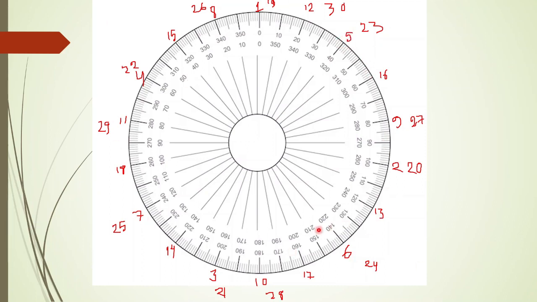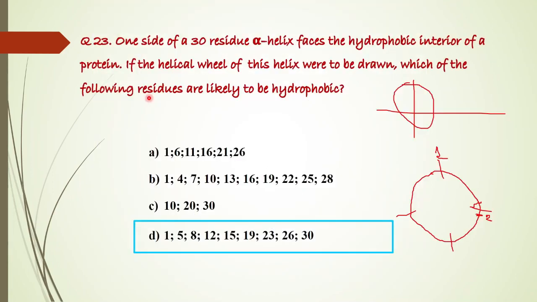You have to just add 100, 100, 100 and place the respective residues. Once you have placed all the residues from 1 to 30, I have placed all of them. Now if you look at the options that were given here, these are all the options.